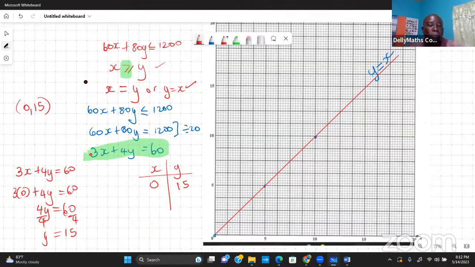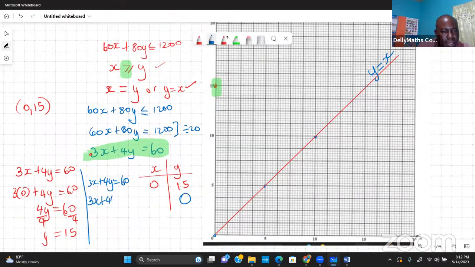It works. I could plot it now. 0, 15 is right here. That's 1. I need one more point, and always try the zeros. So now I'm going to try when y is 0. If y is 0, 3x plus 4 times 0 equals 60.